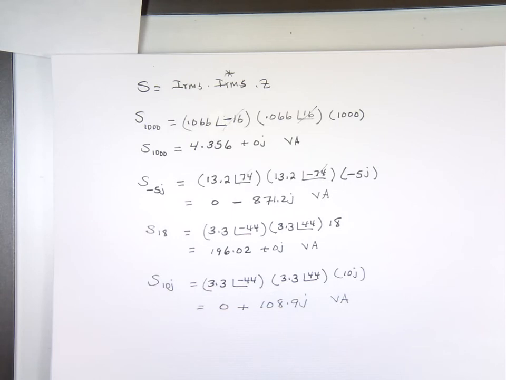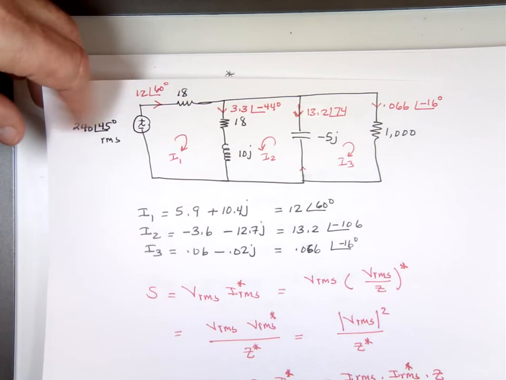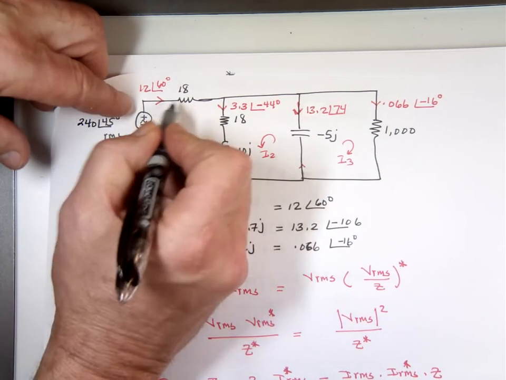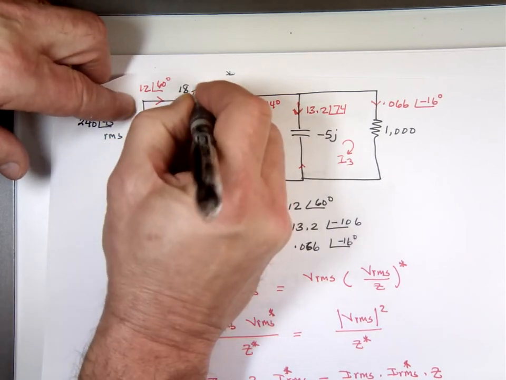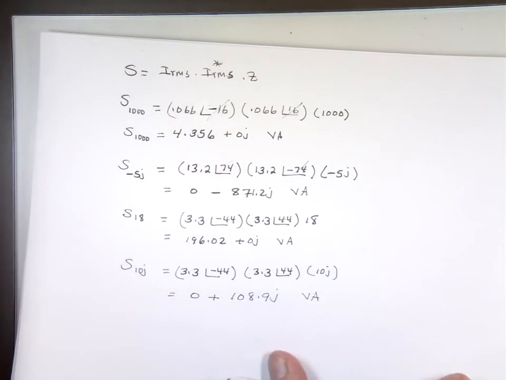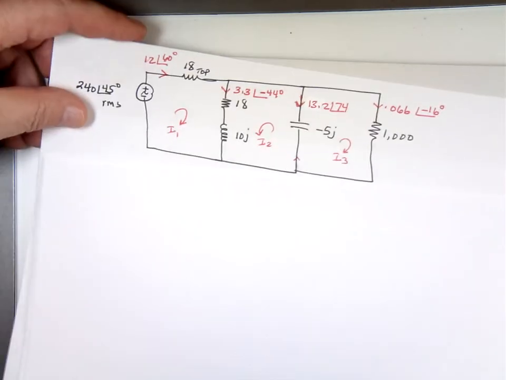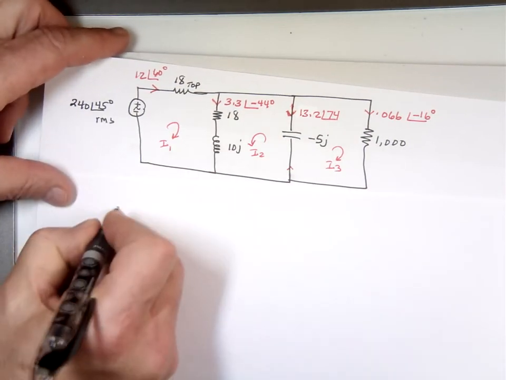Uh-oh. There are two 18 ohms, so now we have to know which 18 ohm we're talking about. I'll just write top for this one. Let's look at the complex power for the 18 ohm on the top. I'll go on the next page to leave some room. S for the 18 ohm on the top.